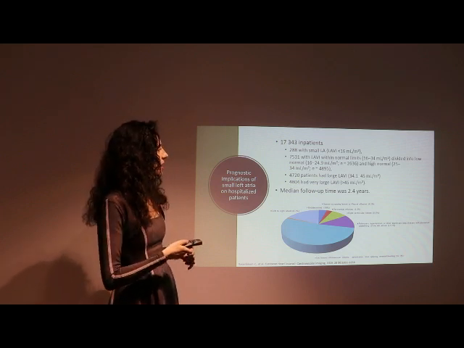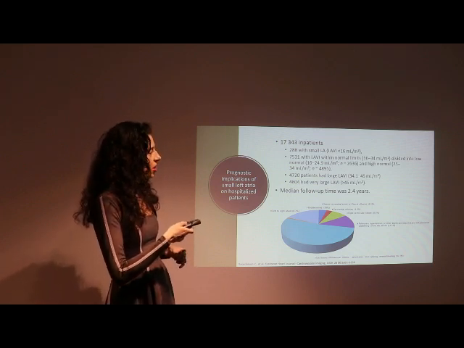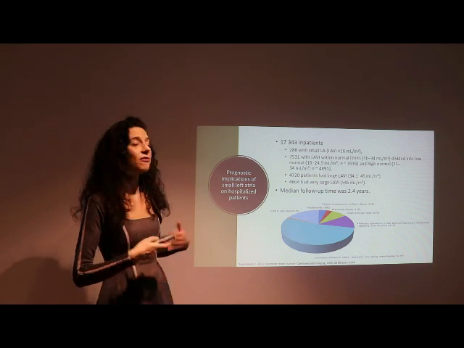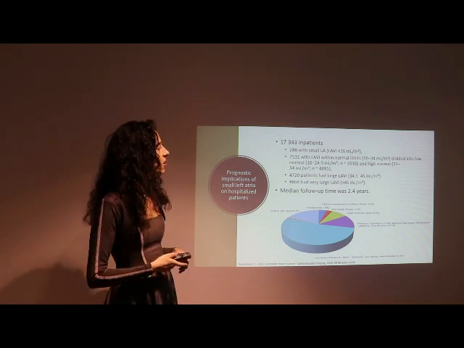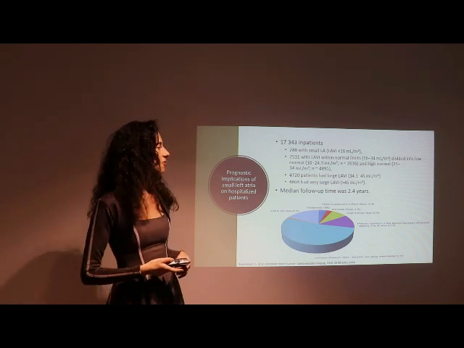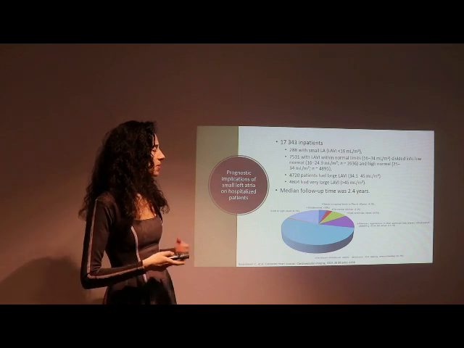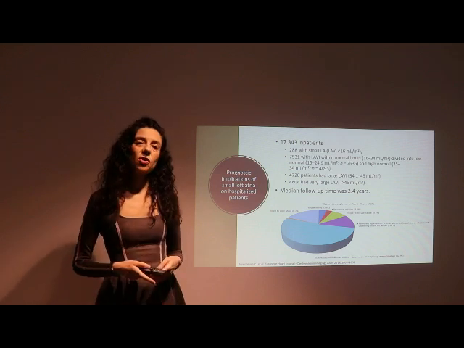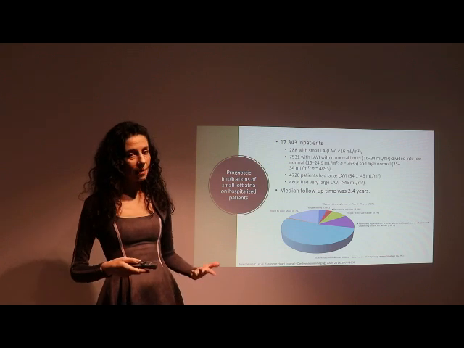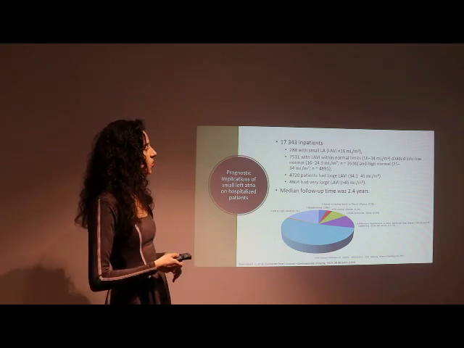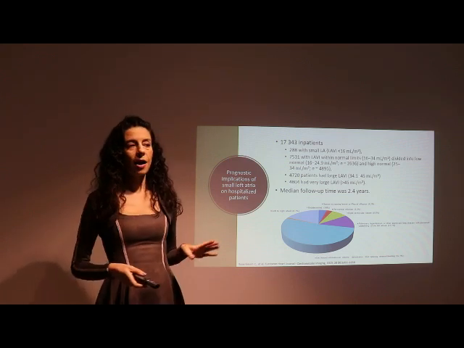Then we have a large left atrial volume index, and a very large left atrial volume index, more than 45 milliliters per square meter. Patients were followed up for a long time. The median was 2.4 years.